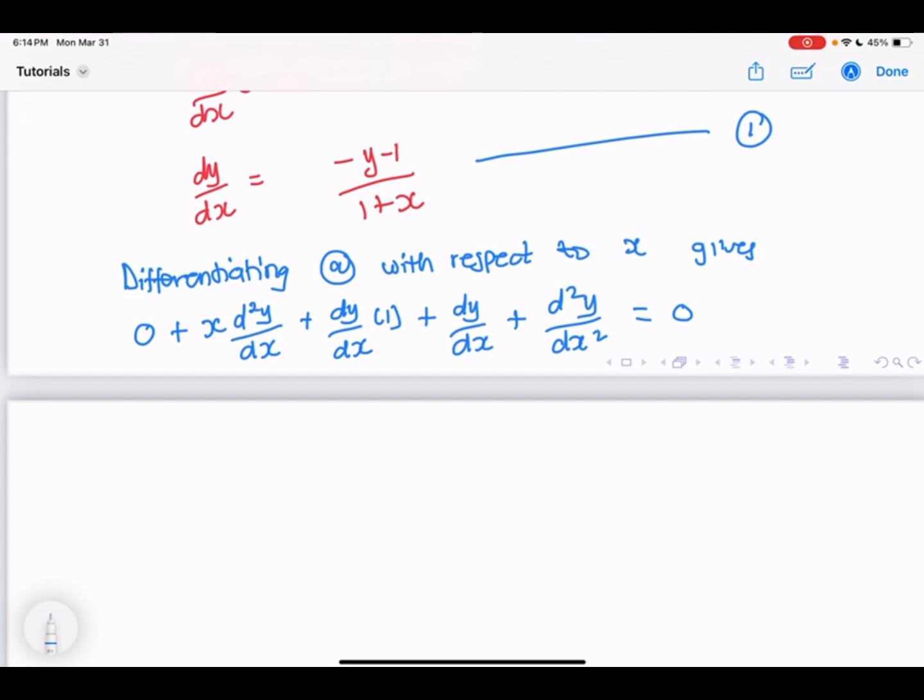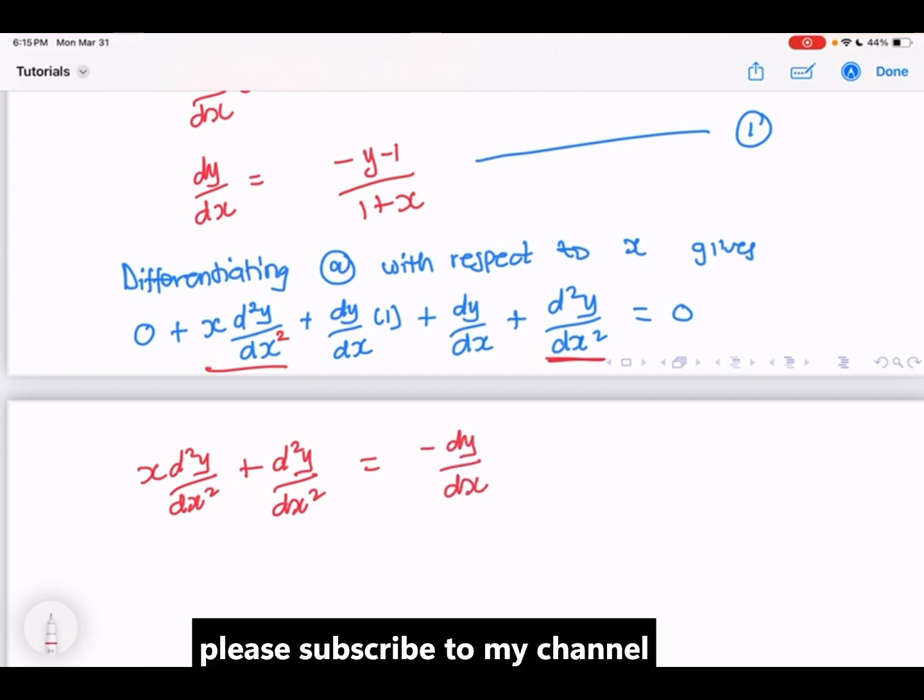Alright, so now here let's make d squared y on dx squared the subject. So we are going to group like terms, right? So we are going to have x d squared y on dx squared plus d squared y on dx squared is equal to minus dy dx minus dy dx.